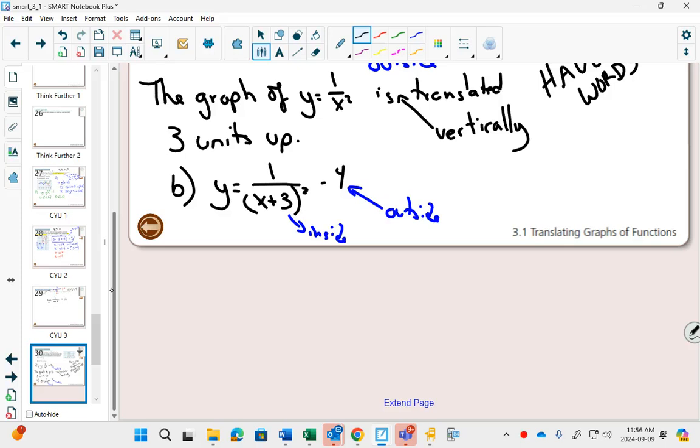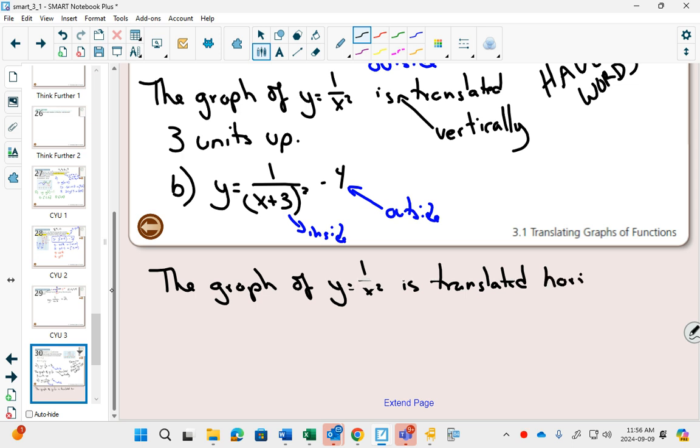When I go to describe, I'll add lots of words to make sure I'm as clear as possible. The graph of y equals is translated 3 units. Again, x is our liar, so I see that plus 3, that's actually going 3 units to the left.